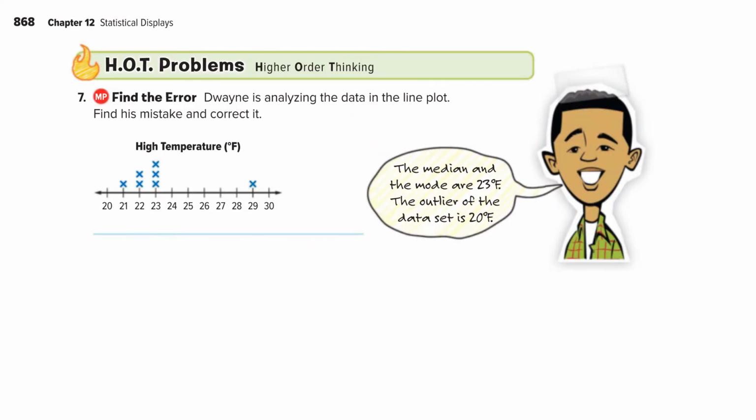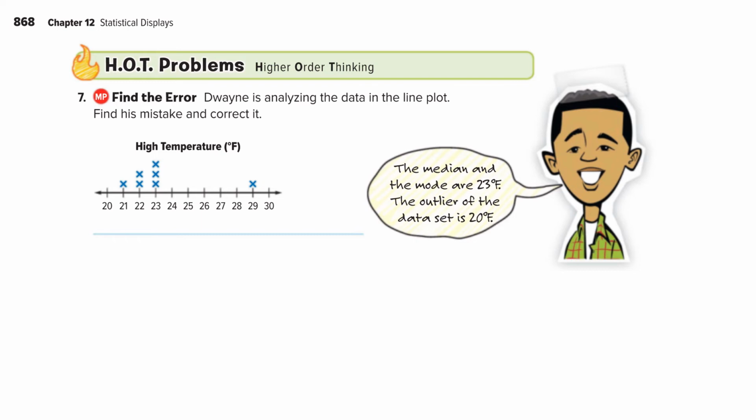Question number 7. Find the error. Dwayne is analyzing the data in the line plot. Find his mistake and correct it. The median and the mode are 23 degrees Fahrenheit. The outlier of the data set is 20.